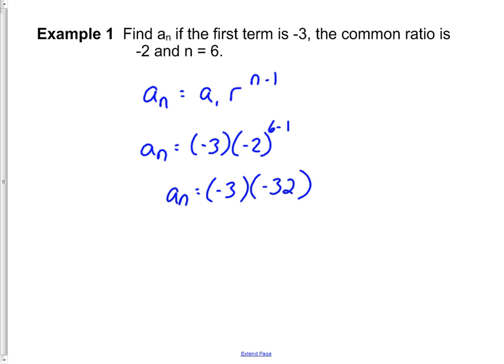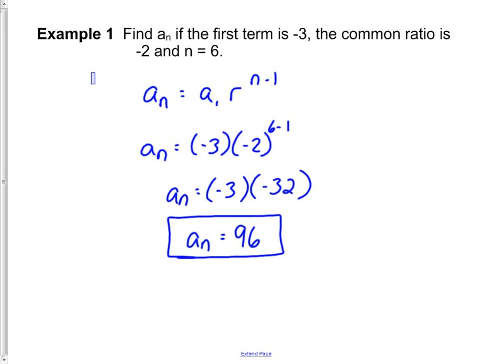Okay, and then negative 3 times negative 32, a sub n should equal 96. So the sixth term of the sequence should be 96 is what we're saying.